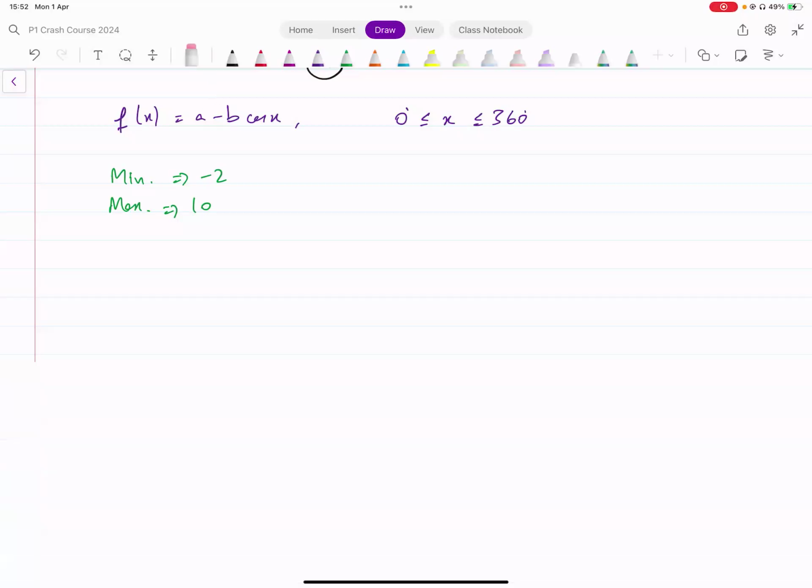That means it's a reflection in x-axis. The graph is going to look something like this. Okay, when you draw the graph, this is what the shape would roughly look like.